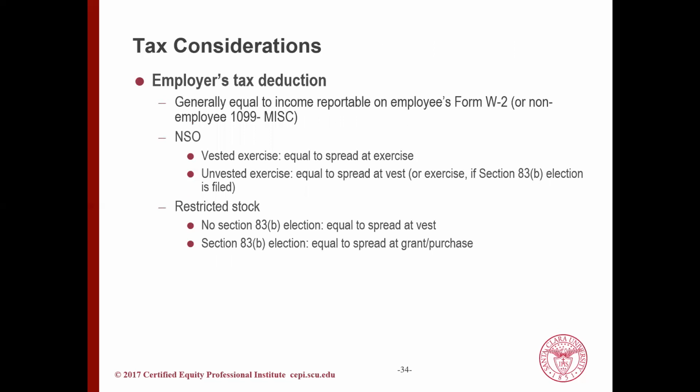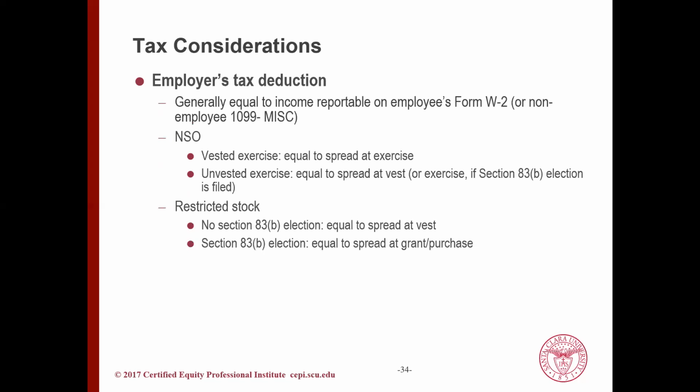And for non-qualified stock options, that would be equal to the spread at exercise for an option that is exercised in line with the regular vesting schedule, or for an unvested exercise, meaning an early exercise, it's equal to the spread at vest or at exercise if the employee filed an 83B election, as we discussed earlier.